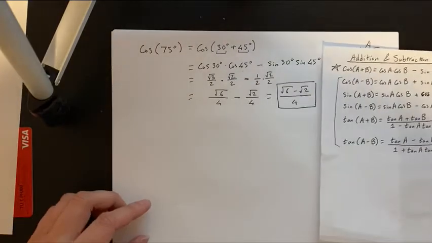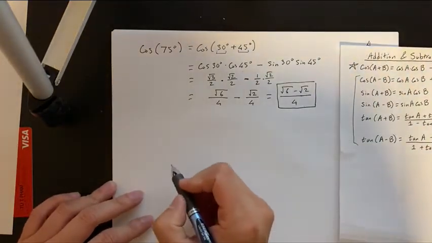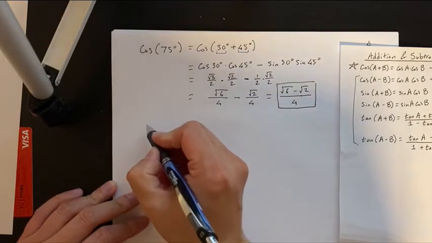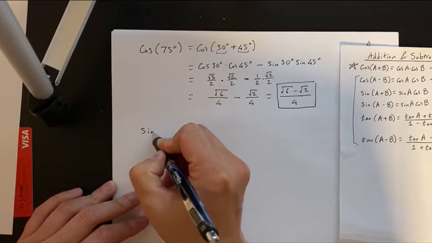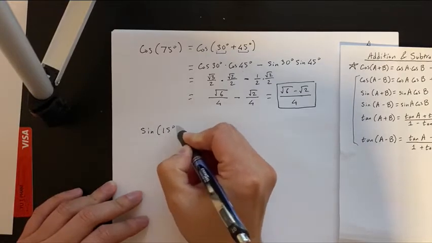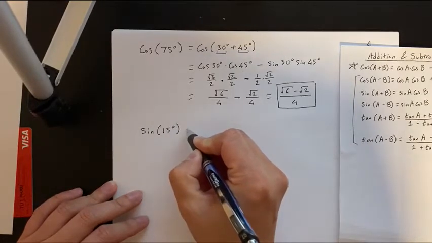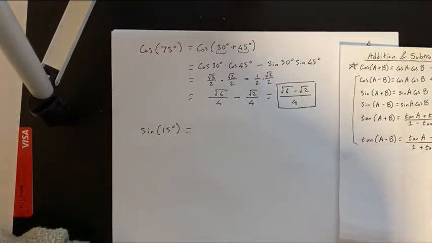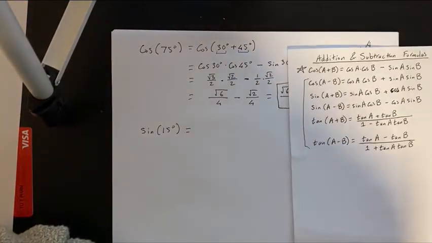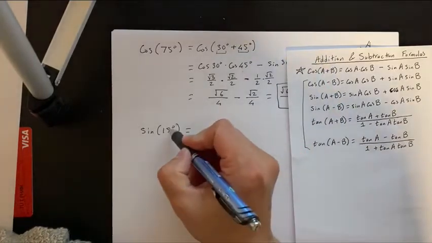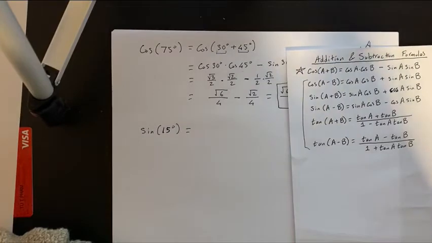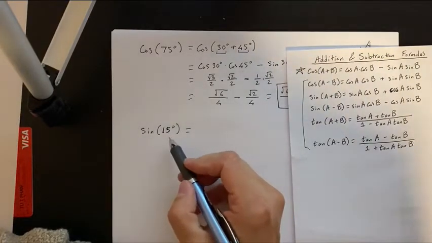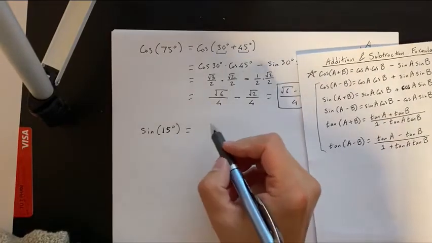Okay, all right, let's try a sine. So how about we do sine of 15 degree? Well, 15, if you're trying to think of the 15 being the sum of 2 very nice angles, you can do it, but it's not as easy as viewing it as the difference of 2 very nice angles.